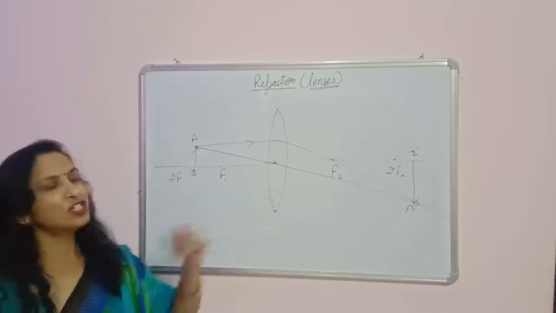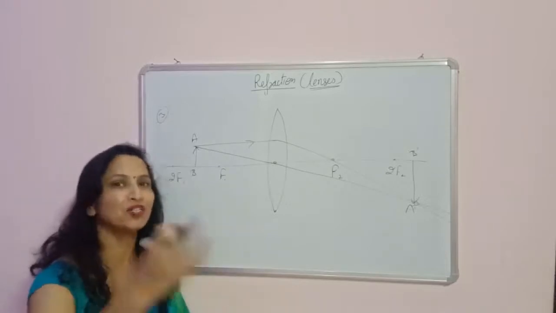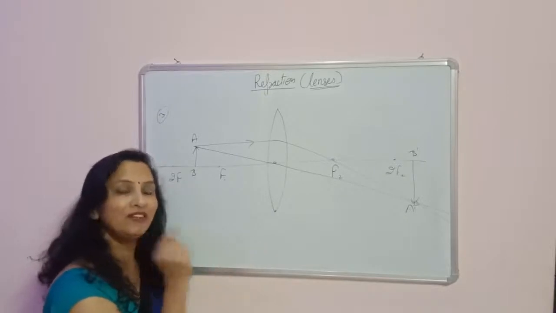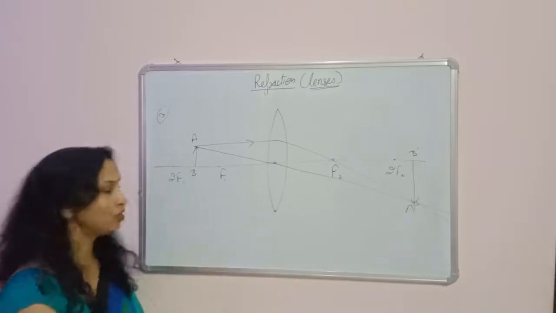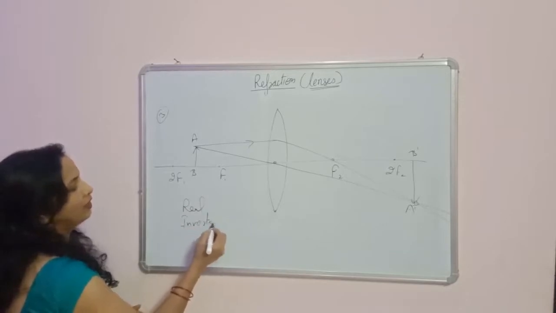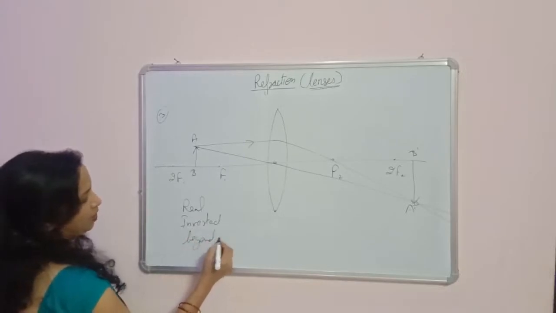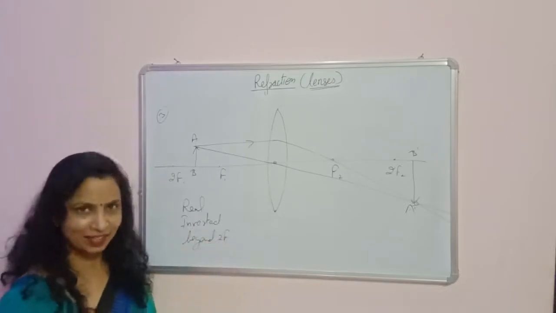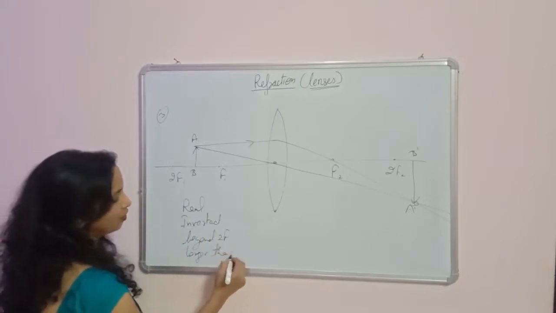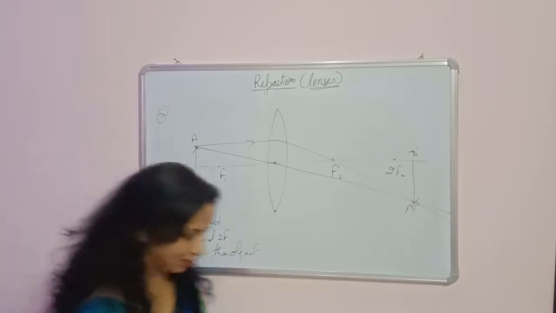So what is the nature of the image now? The third condition is we are placing the object between f and 2f. So the nature of the image is real, inverted, beyond 2f, and it is greater than the object, larger than the object. Simple, easy.